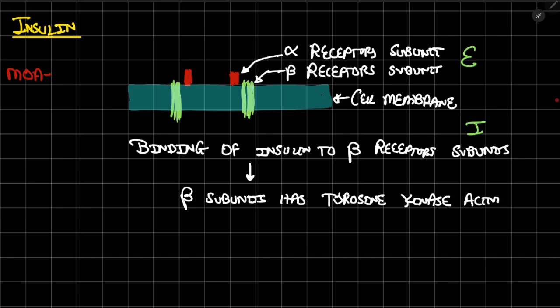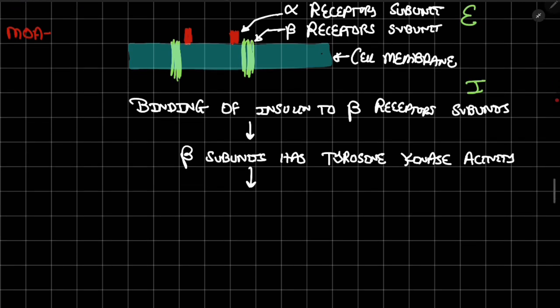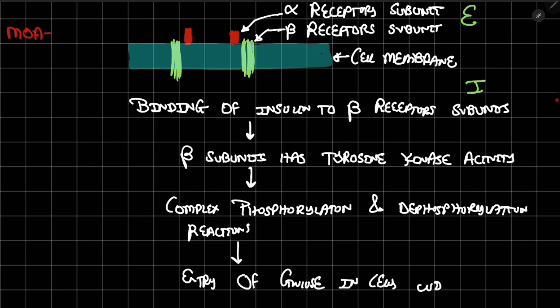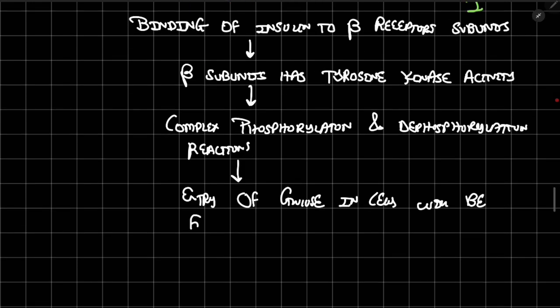Due to this binding, there will be complex phosphorylation and dephosphorylation reactions, and this will lead to facilitated entry of glucose into cells.